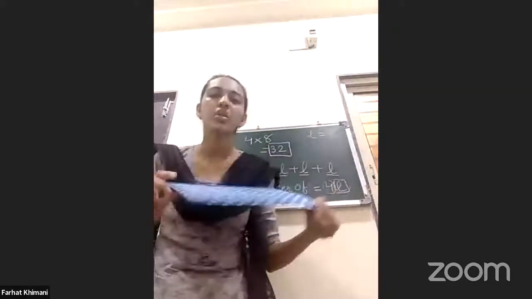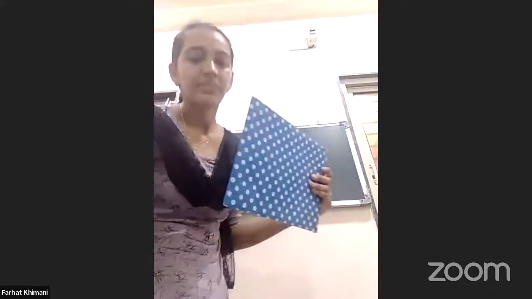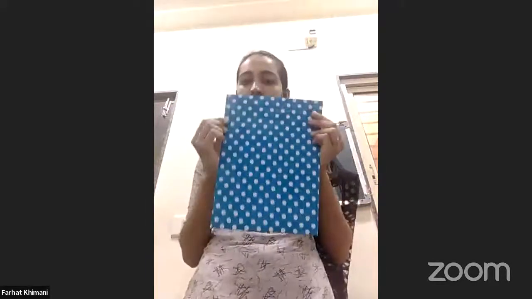Yes, ma'am. And now we will go with this rectangle. See, as we did for the square, we added up all the four sides: side 1, side 2, side 3, and side 4.